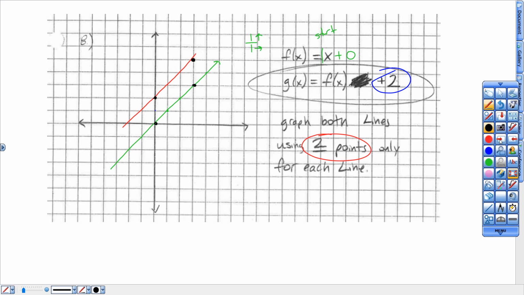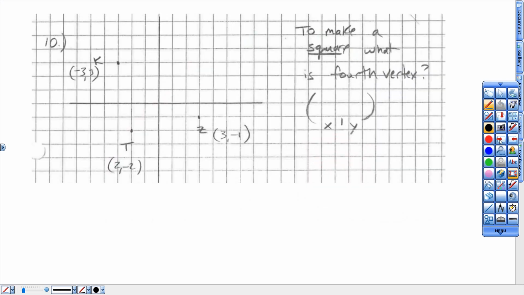All right, moving on. Next word is dawn. This one says form a square, so I need a reciprocal slope, either coming between T and Z, doing a perpendicular to that line right there, or if I look at the slope between K and T, I could do a perpendicular slope to that.